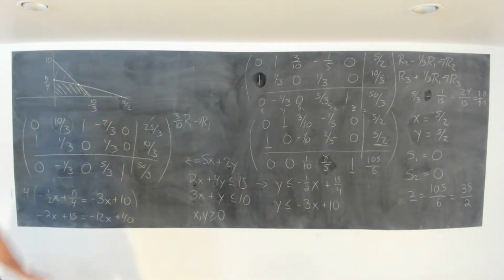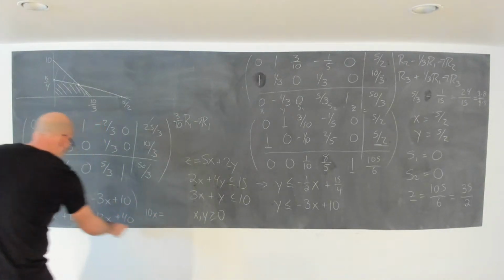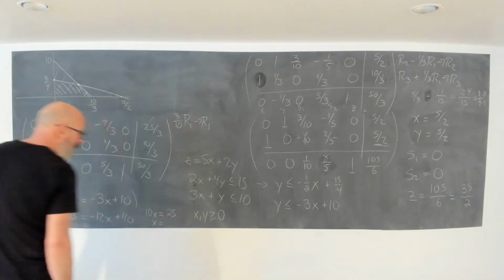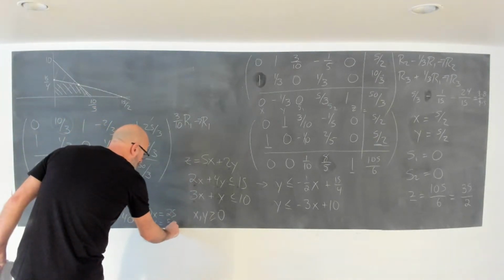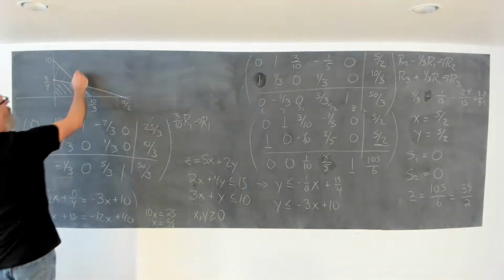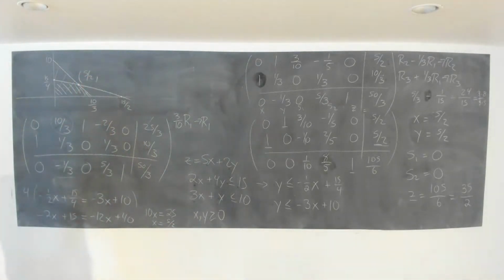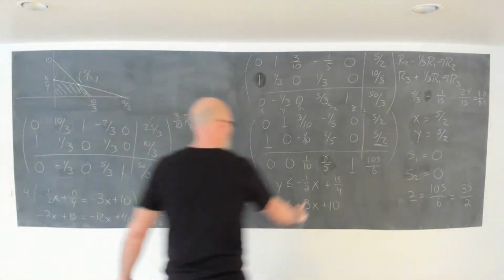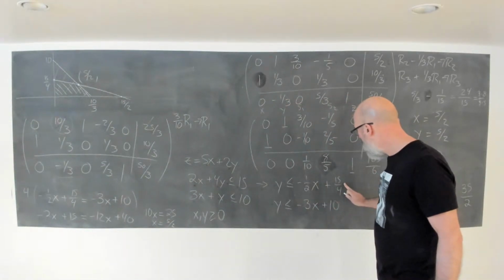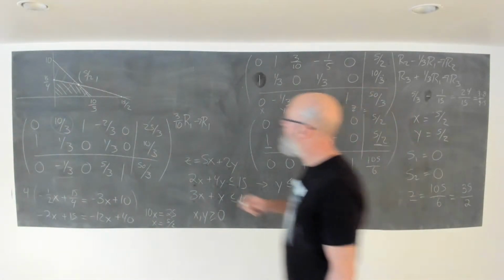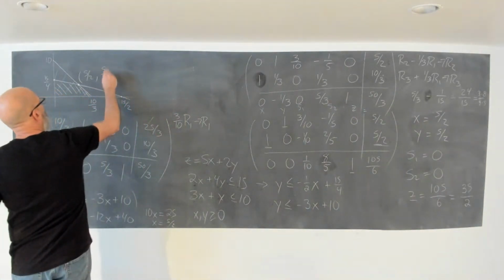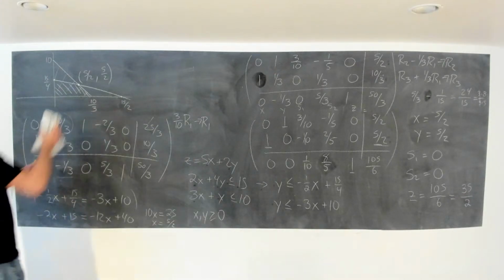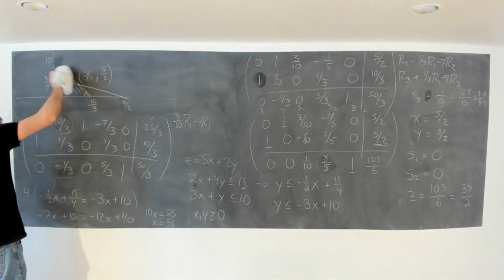Bring this to the other side and we get 10x is equal to 25. X is equal to 2.5 or 5 over 2. So when x is 5 over 2, this is 10 over 4, which is 5 over 2 again. Right, so that is our feasible set. Let me erase this business.